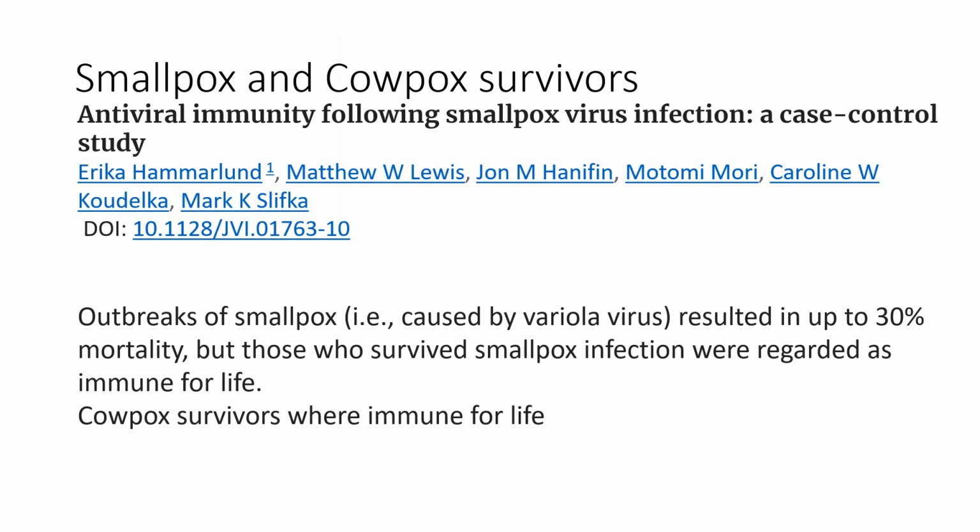So here we have a paper, smallpox and cowpox survivors. Antiviral immunity following smallpox virus infection, a case control study. Outbreaks of smallpox resulted in up to 30% mortality, which means 70% of these people survived.